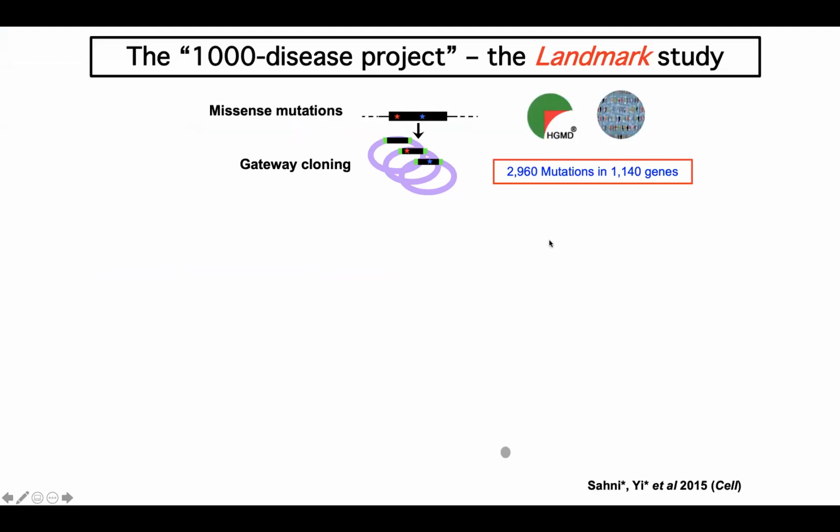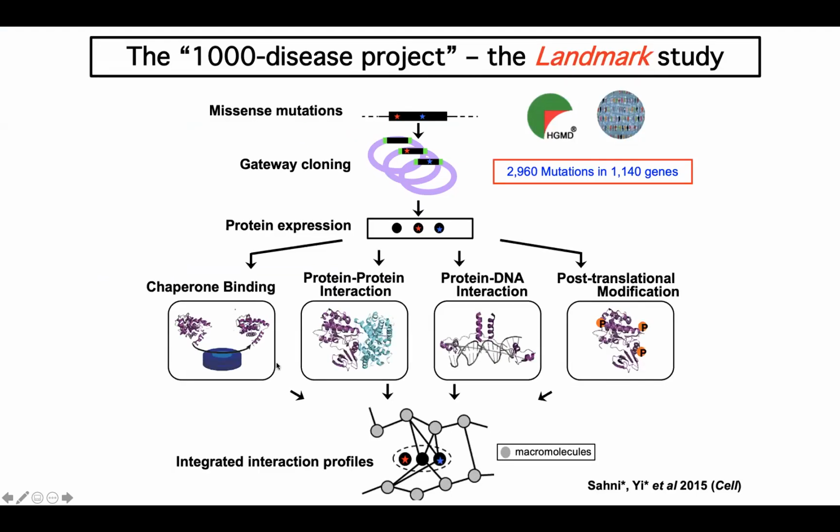We cloned them in gateway vectors to express proteins, and then did a whole bunch of different characterizations to study chaperone binding, protein interactions, protein-DNA interactions, post-translational modification, and kinase and phosphorylation events.